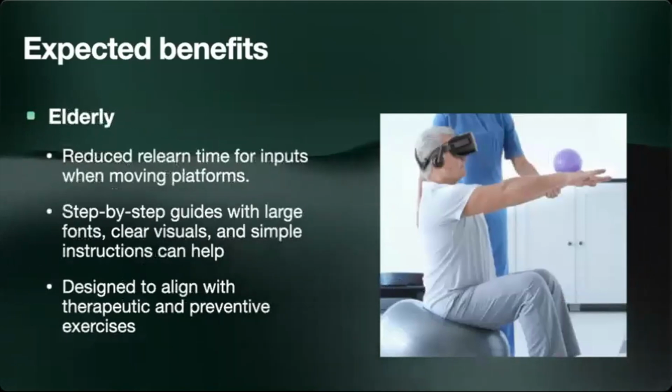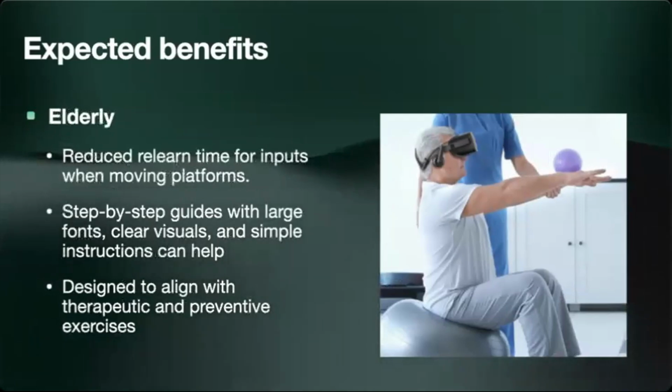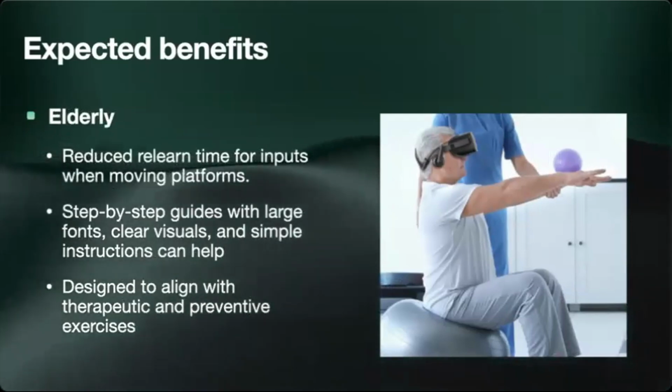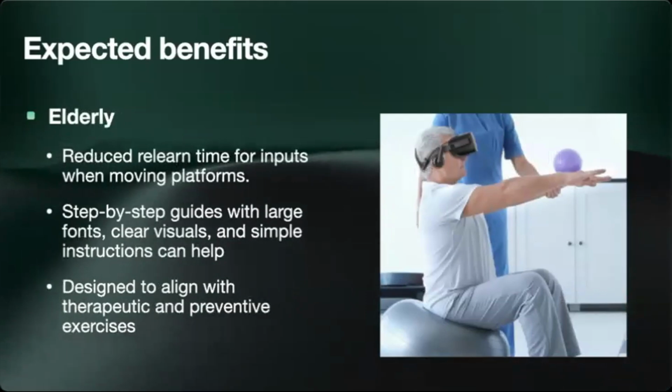And for the elderly, standardization lowers the burden of constantly relearning new input methods. For example, elderly users in VR therapy can benefit from clear, large-font instructions that outline each movement in simple steps.